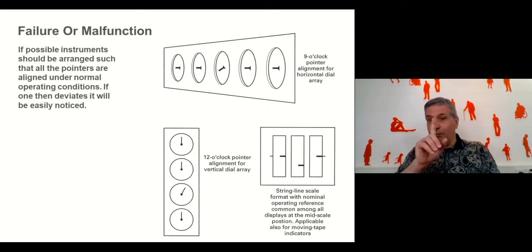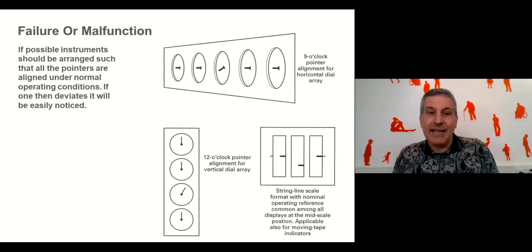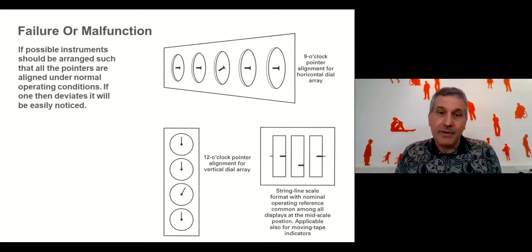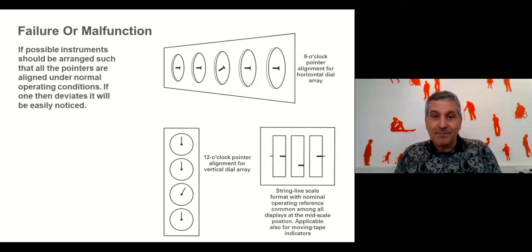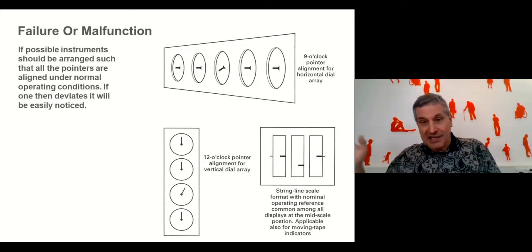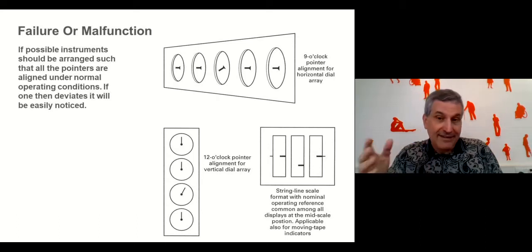So as an operator, when you see one of the indicators deviating out of line with respect to all the others around it, you immediately go check it. And you immediately go see what the problem is before it gets out of hand.